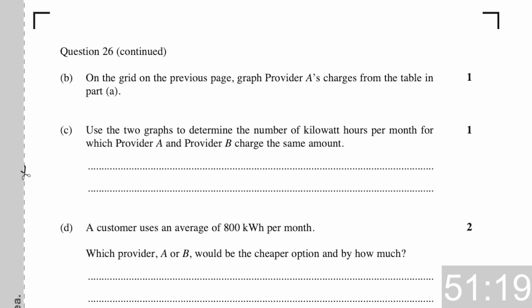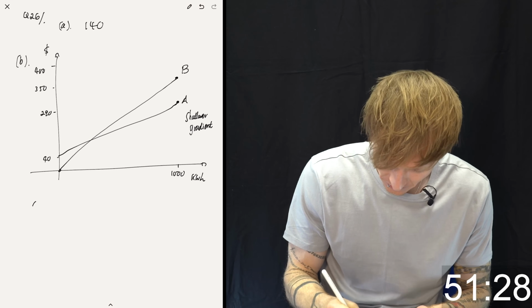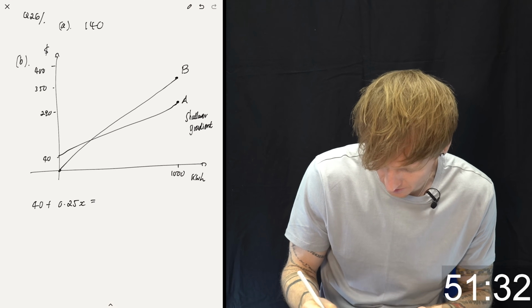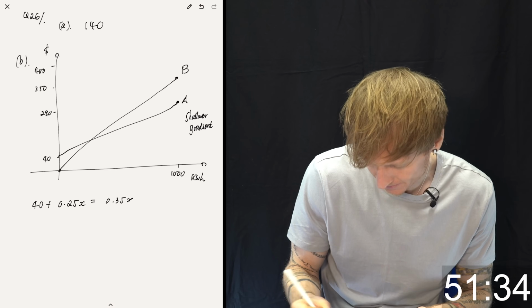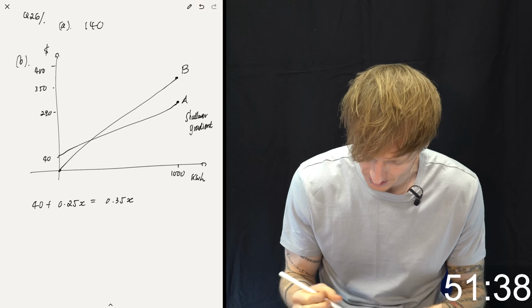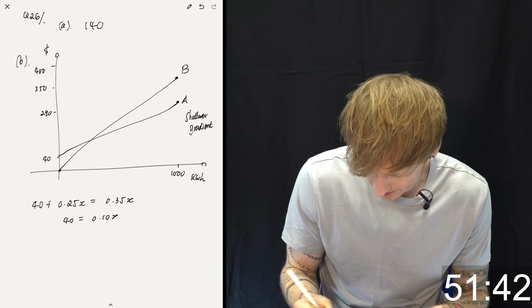Yes. Use the two graphs to determine the number of kilowatt hours per month for which provider A and B charge the same amount. Well, it would help if I knew that. So we've got 40 plus 0.25x has to equal 0.35x. That's the equation I'm solving. So what's that telling me? That's telling me that 40 has to equal 0.1x.